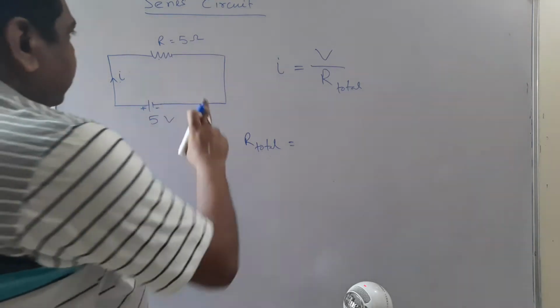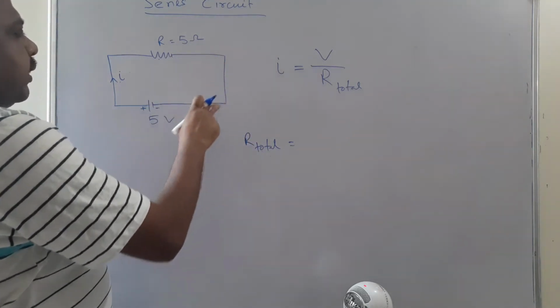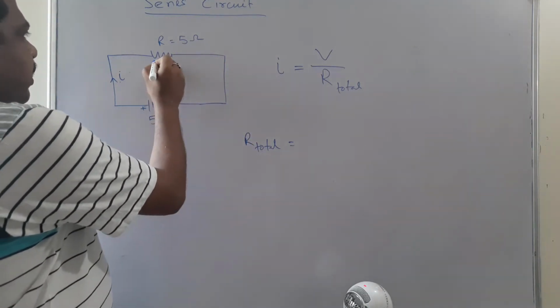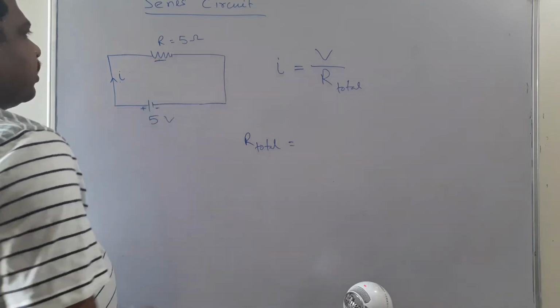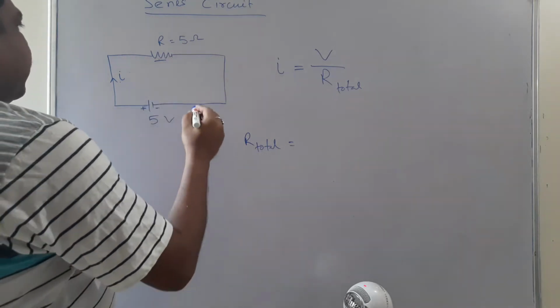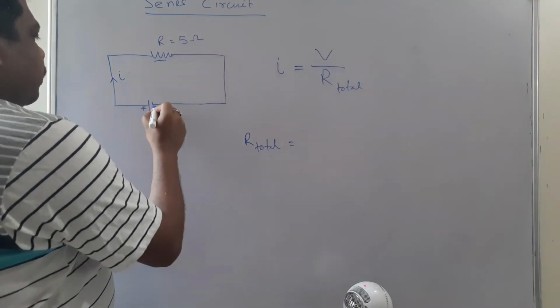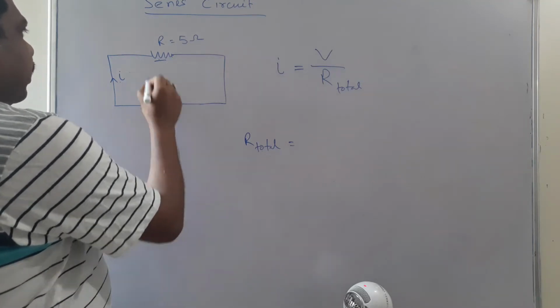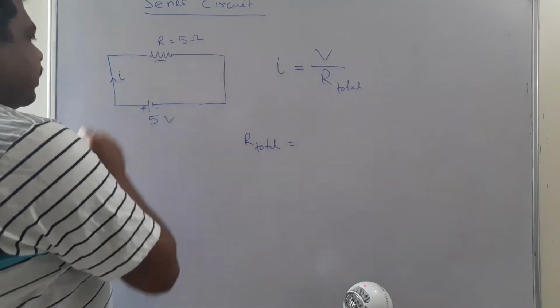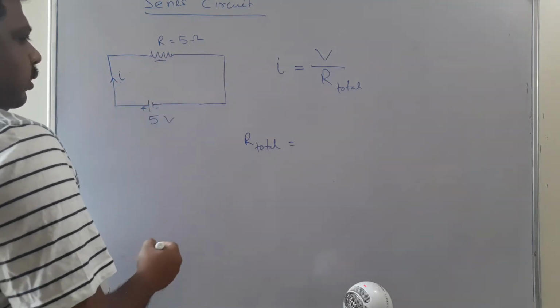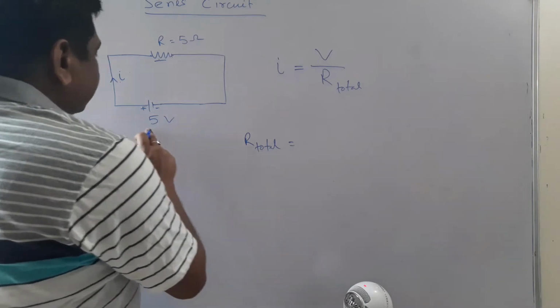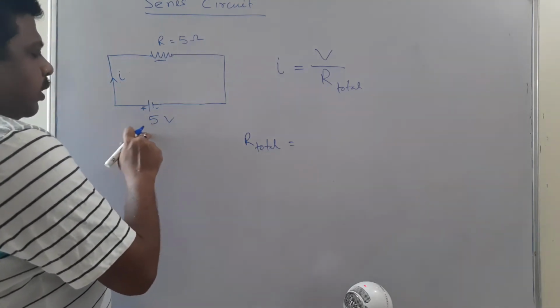So in this circuit, in this path, there are 3 elements. One is this resistance, and another is the conductor. From here to here, this length of conductor, and from here to here, this length of conductor. And this voltage source.